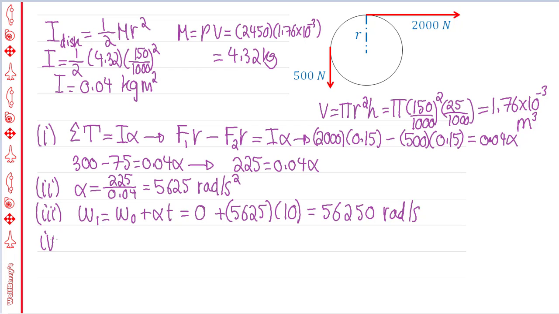Now, IV. Last part of the question asks for the number of revolutions made in 10 seconds. So we can find the theta first, the total angle, then divide by 2 pi to find the number of revolutions.